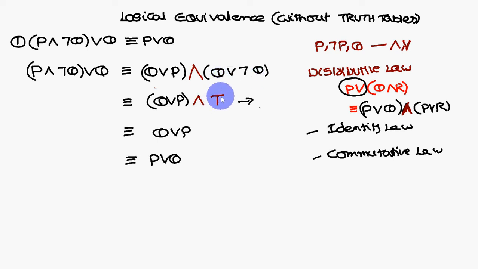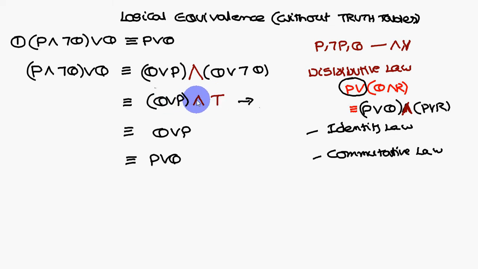Q or not Q, what will it become? True. Why will it become true? Take any value for Q. Let us consider Q as false. Then not Q will become true. False or true: OR says at least one should be true, and one true is there, therefore this is always true.